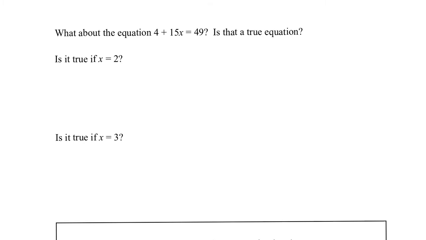Well, in order to figure that out, all we're going to do is substitute in 2 where we see an x, and we're going to see if that gives us a true statement. So 15 times 2 is 30, so we're basically doing order of operations now. It's 49.